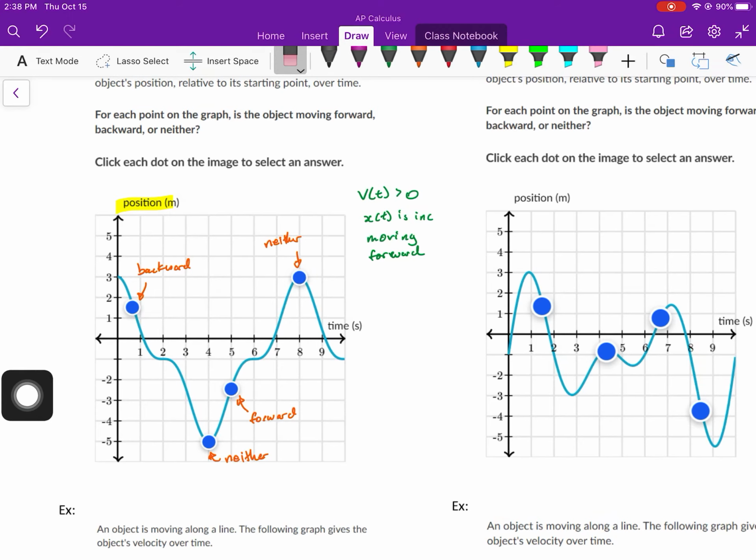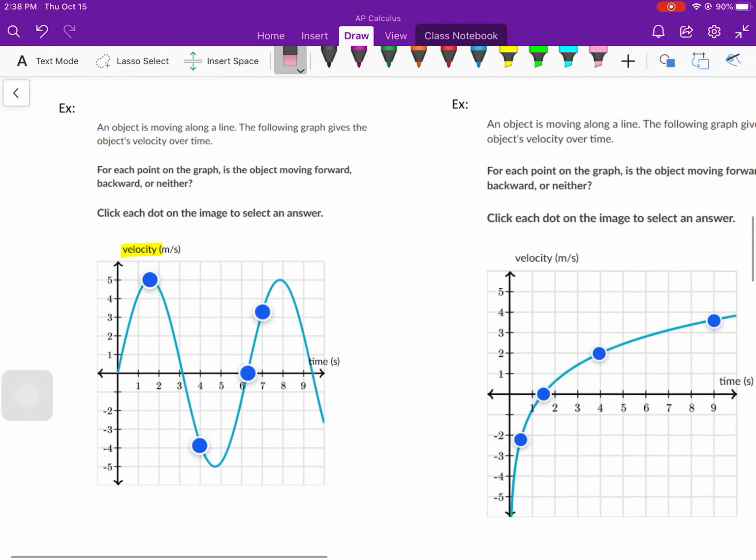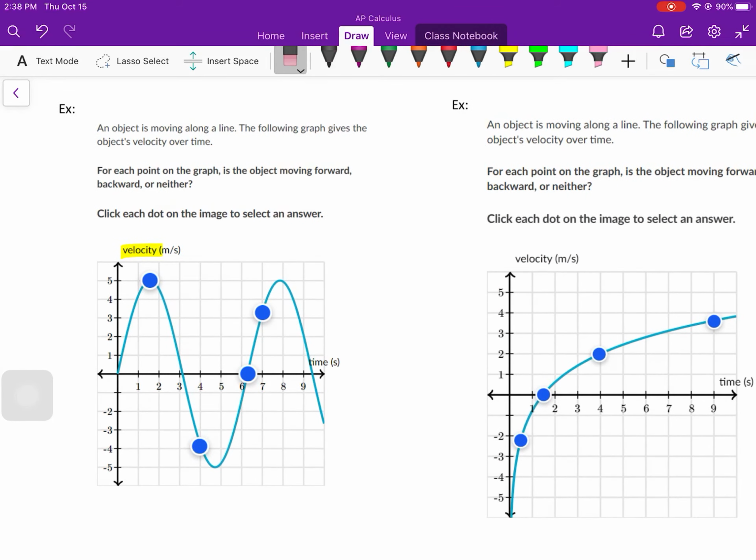So let's look at what happens if we have the graph of velocity. You've got to think about this a little bit differently. Same rules though. Velocity, if it's positive, then our position is increasing. If you're going to think of this as the position graph, you'd be like, hey, we're stopped. But that's not what's going on here.